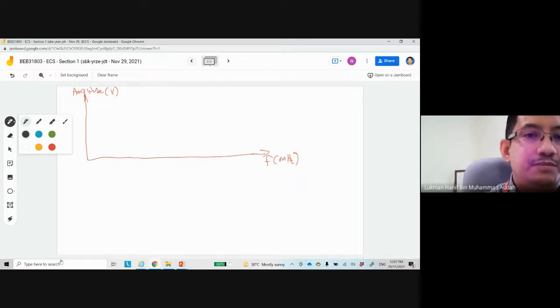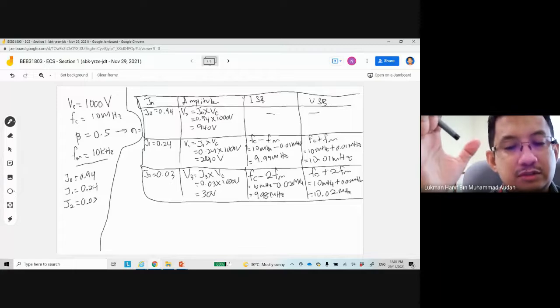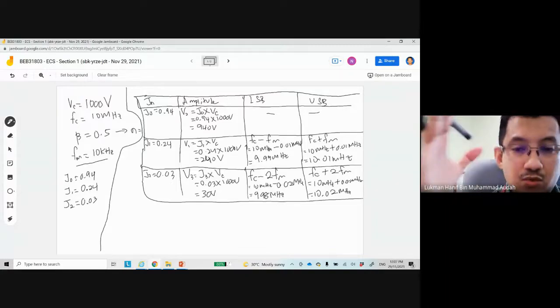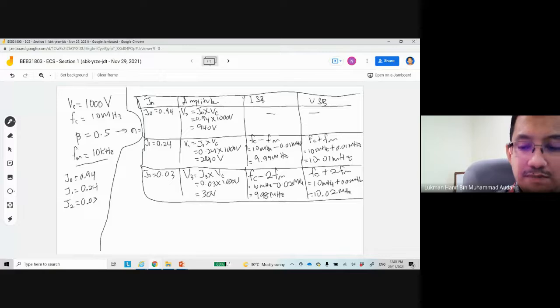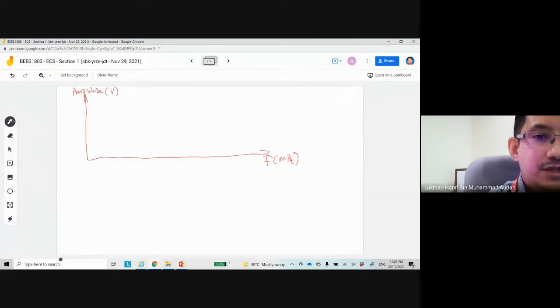So you see from the previous page, we have up to 2 sidebands, sehingga 2 sidebands. So I have the carrier component over here, located at 10 mega.